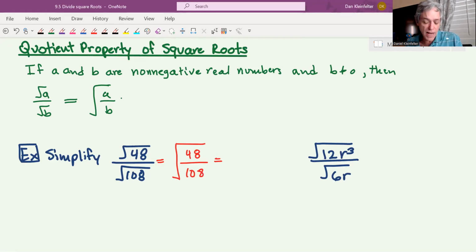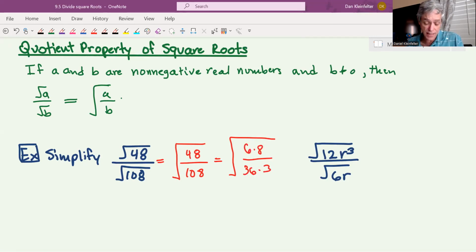All right, so 48 and 108 are both divisible by 4 at least. Let's see what's good. It's usually good to take as big a bite as possible. Let me see about factoring 108. 108 looks like 36 times 3. And then 48 is 6 times 8.